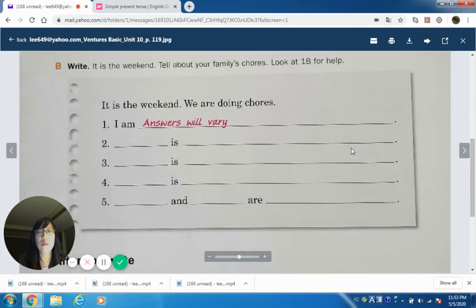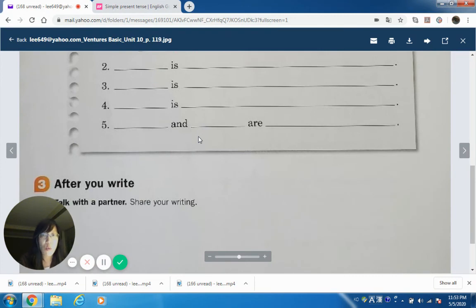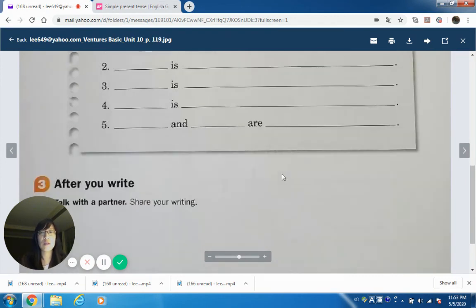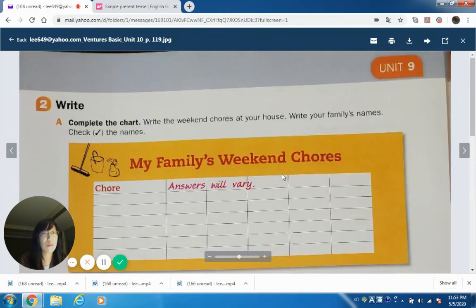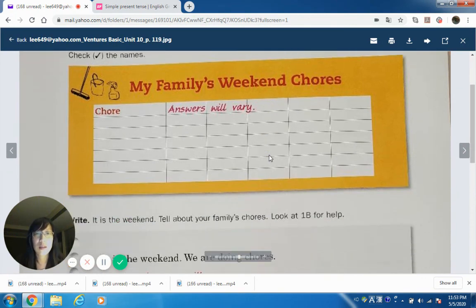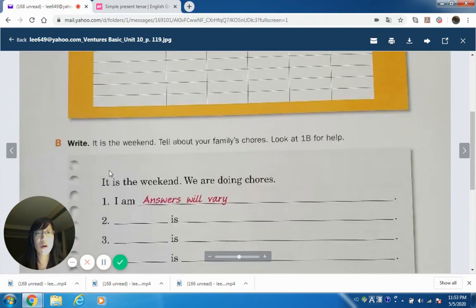Look at 1B for help. So yes, make your own sentences. And if you need help, you can go to page 118 and make your own writing. So remember, you have to use simple present tense. Simple present tense for all these.